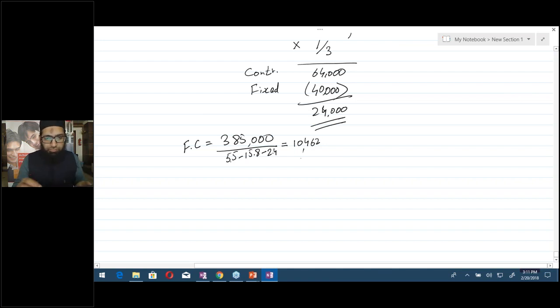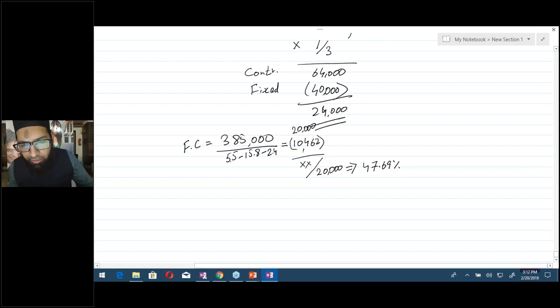Now, my budgeted sales were 20,000. So if I subtract the break-even point from the budgeted sales, and whatever the answer is, I then further divide it by 20,000, the budgeted output, I will get the answer of 47.69% as presented by Gilbert Joy and Salman Abuzar as well.